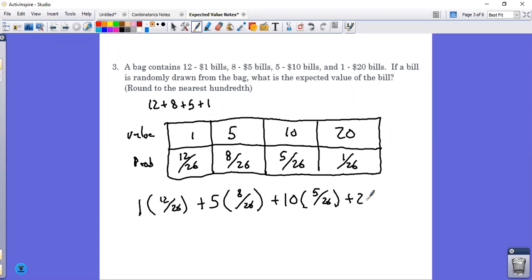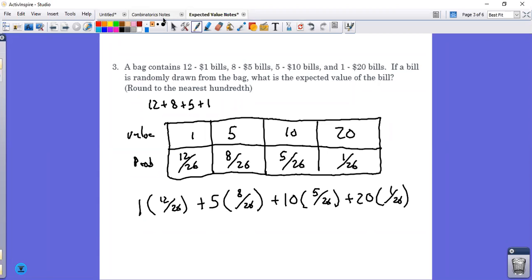And getting a $20 bill is 1 out of 26. And then you can put that into Desmos for your calculator. 1 times 12 over 26 plus 5 times 8 out of 26 plus 10 times 5 out of 26 plus 20 times 1 out of 26.